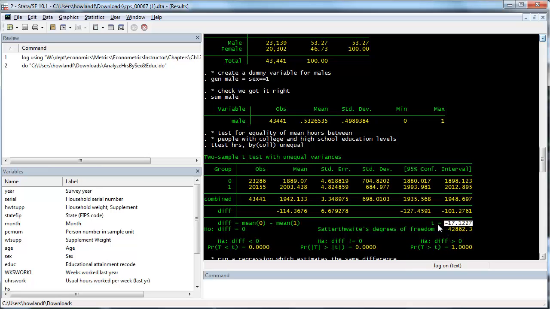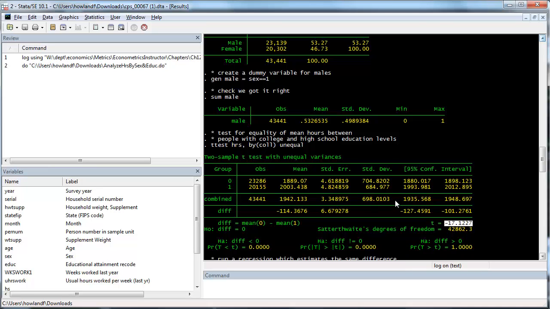So what does that huge t-statistic mean, that huge test statistic? It means that we're very, very far away from what's claimed in the null hypothesis. Our p-value is infinitesimally small.